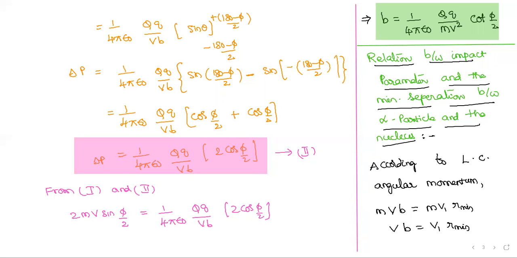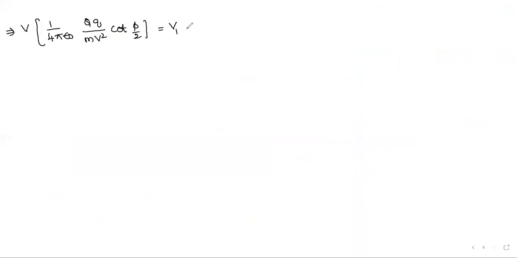If I am not wrong, yes, correct. Cot phi by 2 is equal to v1 into r minimum. Take it as one small equation, let it be equation 3.